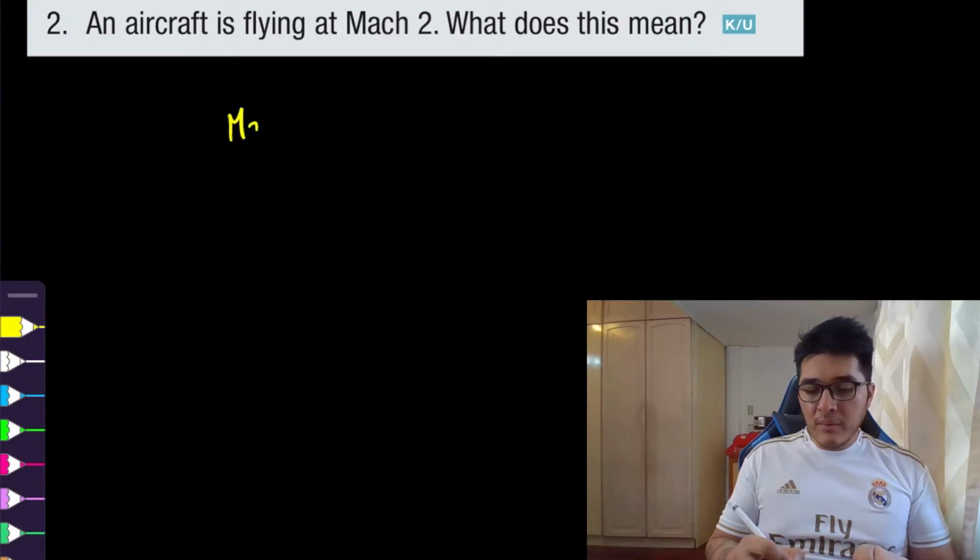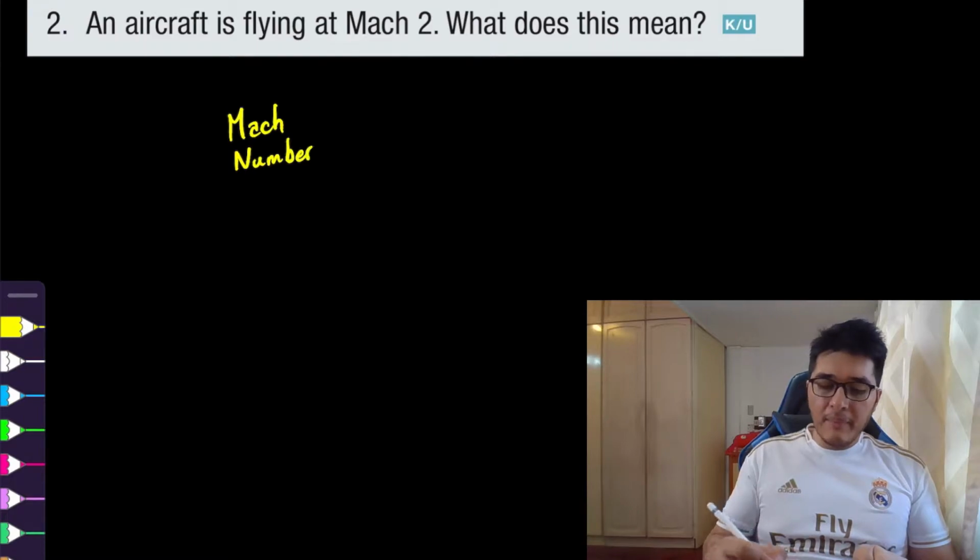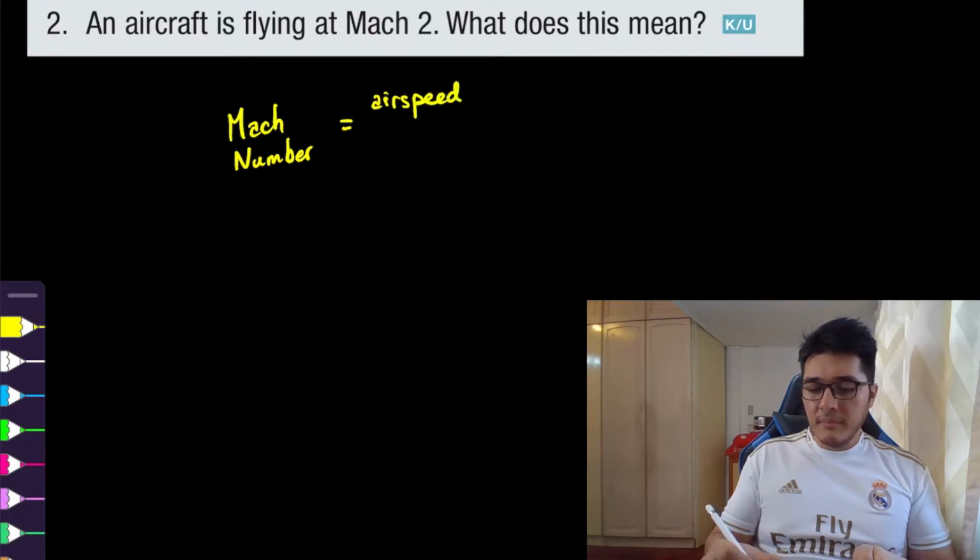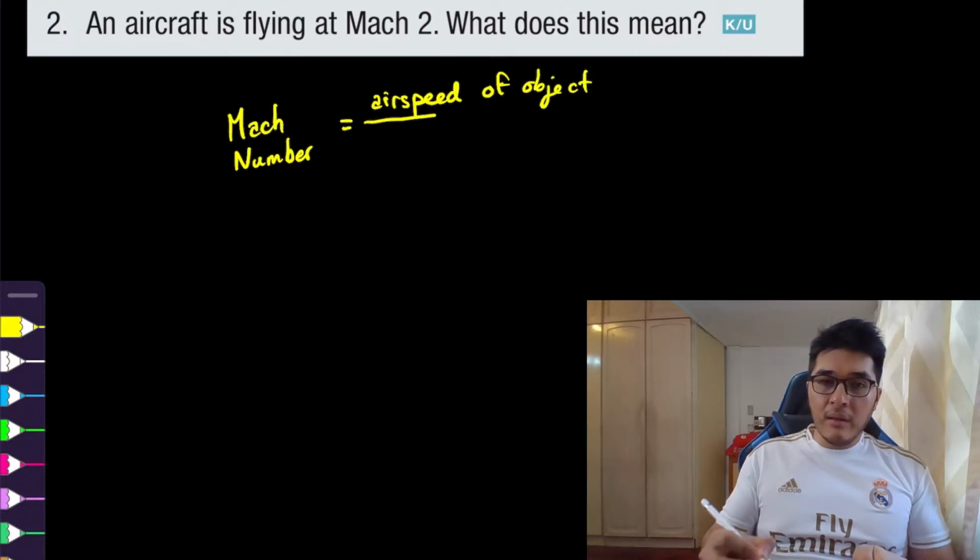So the formula, we have the Mach number, and then we have the airspeed of the object divided by the local speed of sound.